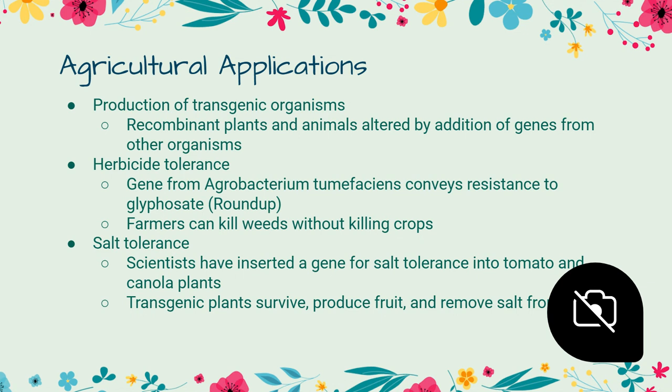We can also do salt tolerance. So we can insert genes for salt tolerance into tomatoes and canola plants, and these plants survive, produce fruit, and remove salt from the environment. So it's a win-win. We get food and they remove salt.